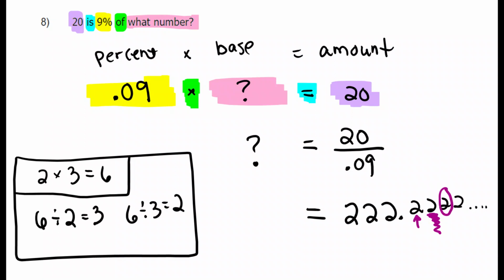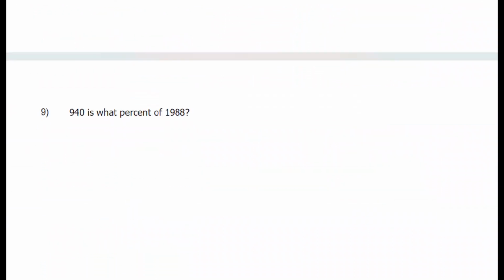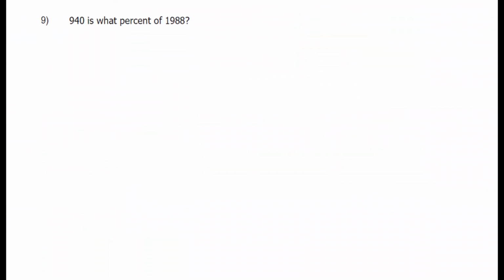You have to look at the next number. If that number is 5 or greater, that 0.22 becomes a 0.23. If it's less than 5, it just stays as a 22. So my answer is 222.22.